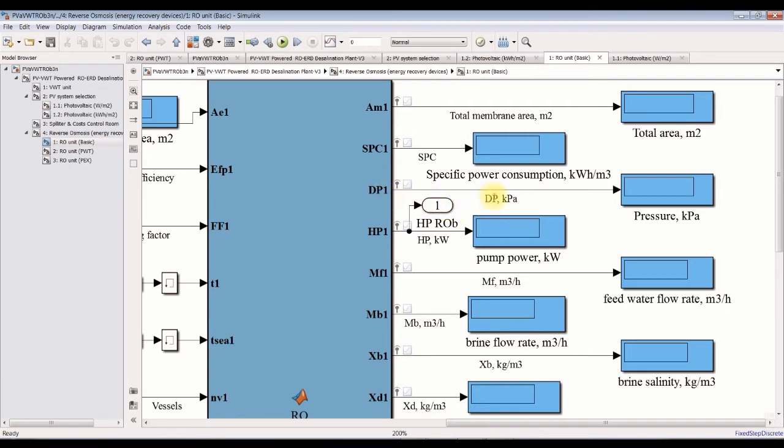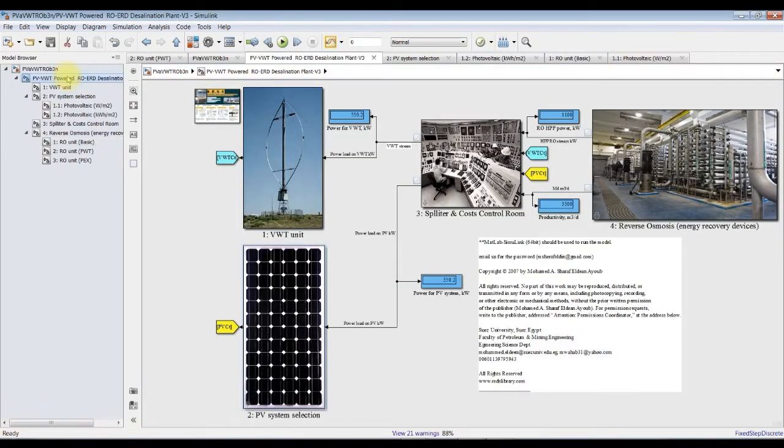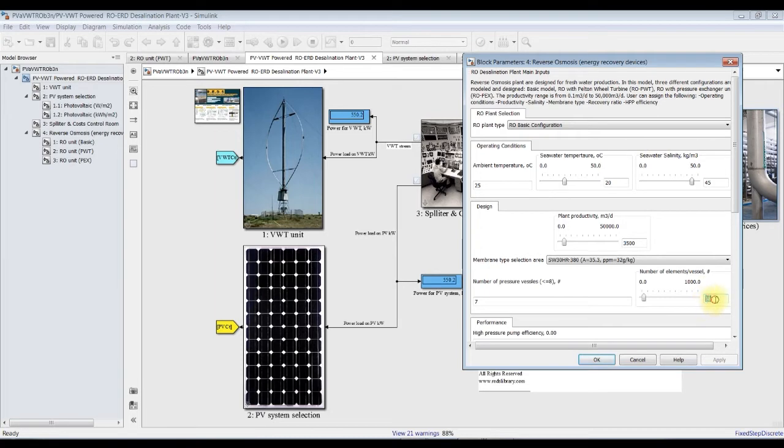What is this one? This pressure. Okay, the pressure is almost 71 bars. I think this is a little bit high, so we have to increase our number of elements. Let's turn back and increase the number of elements up to 40 elements.